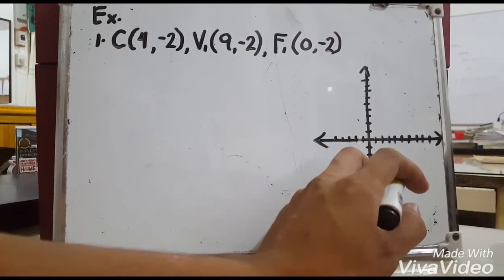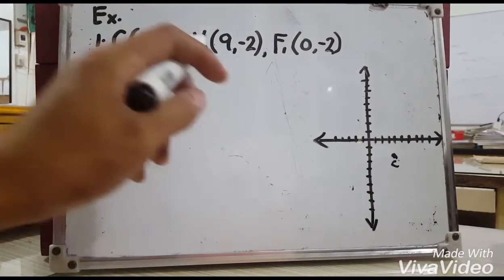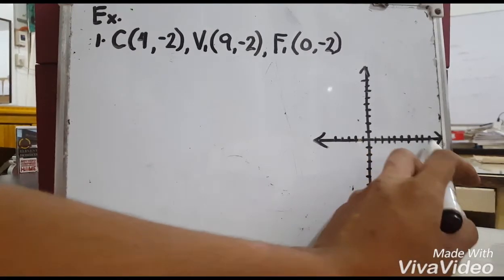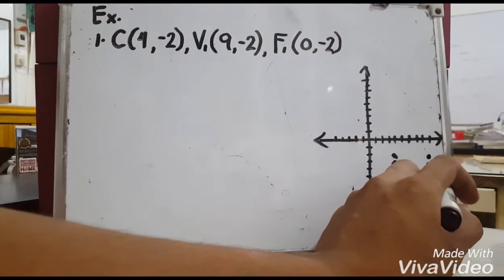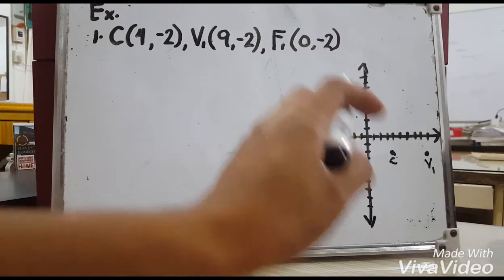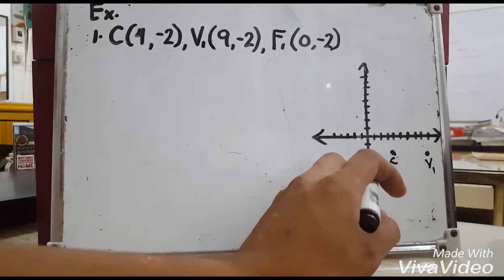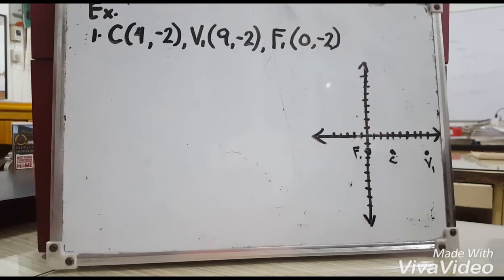So we have here the center of the ellipse. (9, -2): we have 1, 2, 3, 4, 5, 6, 7, 8, 9. We have here -2, so we have V1. And (0, -2). This is now your F1.